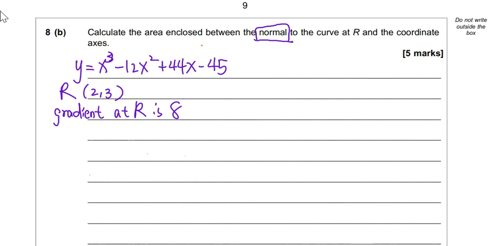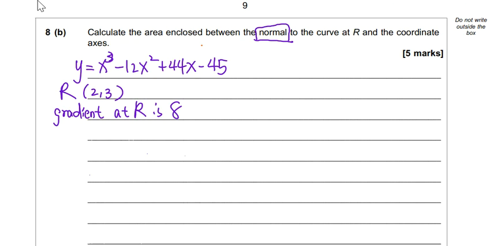Now, the normal, how do we use the conditions we already have right now? Remember, the normal line is a straight line. For a straight line, the way I know its exact form is by knowing its gradient and a point it passes through, or maybe I know the 2 points it passes through.